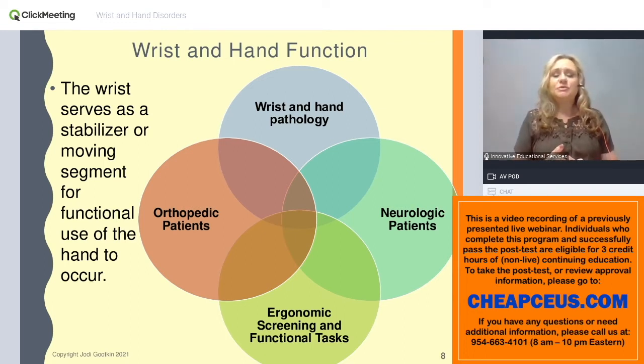Think of individuals who have needed to change their work environment, so now they're using their hands differently for prolonged periods of time. Also look at individuals who maybe now are utilizing an assistive device or a wheelchair as their mode of locomotion. So they're using a lot more of their hands as opposed to their lower extremities, which may lead to the development of certain pathologies. I want us to look broadly at all of those different populations as we look at our topic for today.